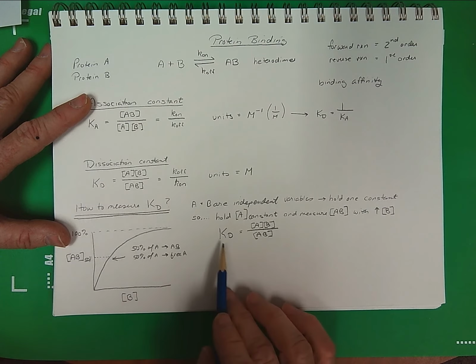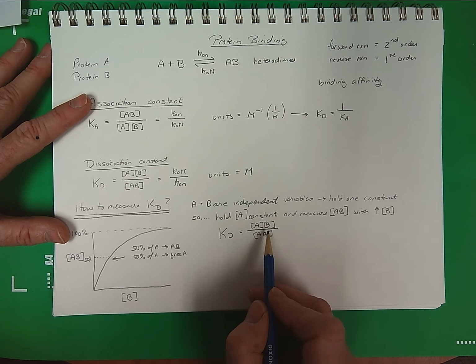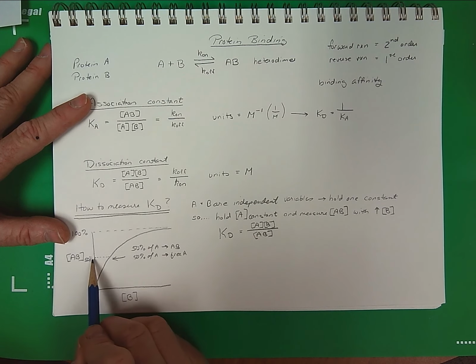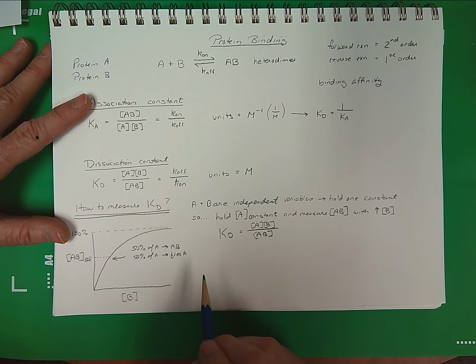So now if we rearrange our equation here for the dissociation constant, just a simple algebraic rearrangement, we are going to solve for B. Because at the 50% point, we know what AB and A are.